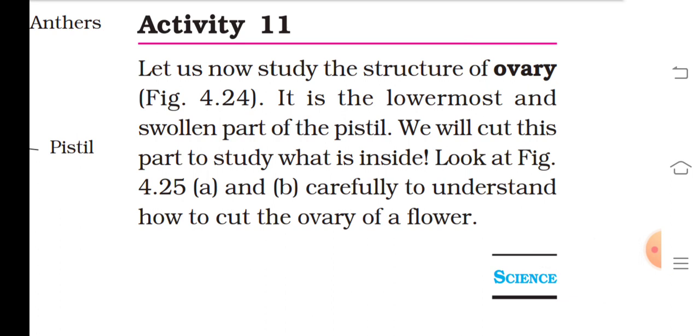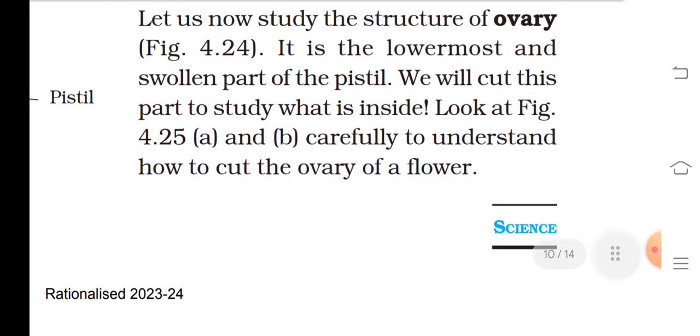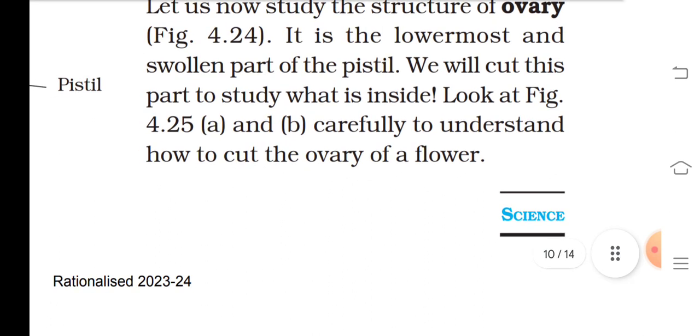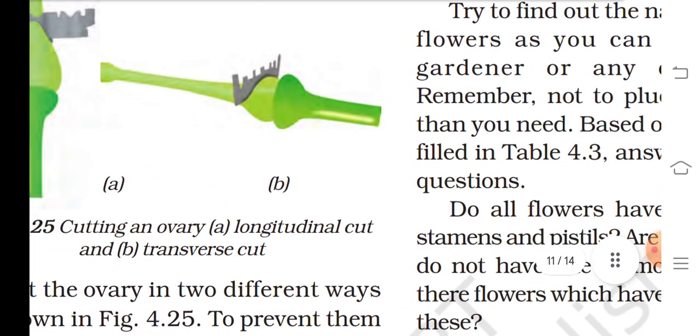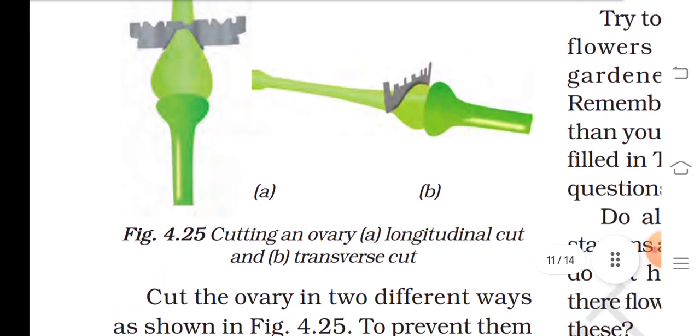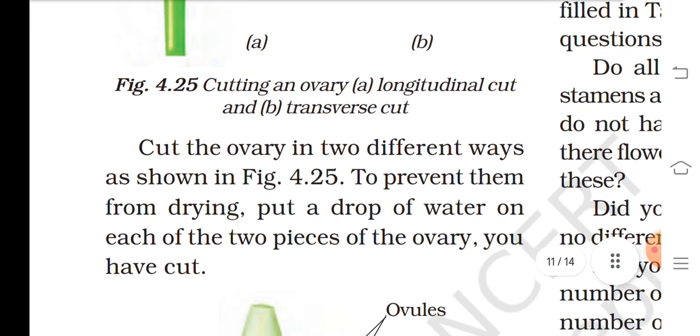It is the lowermost and swollen part of the pistil. We will cut this part to study what is inside. Look at figure 4.25 carefully to understand how to cut the ovary of a flower.